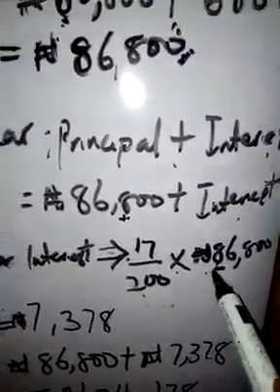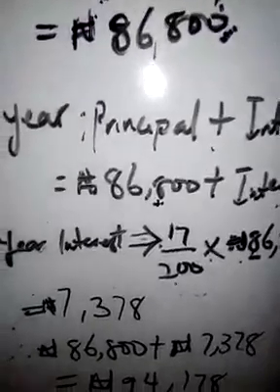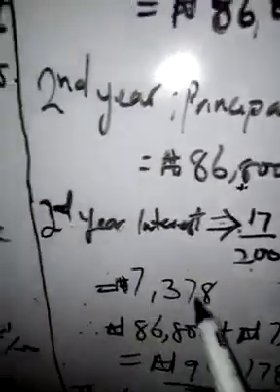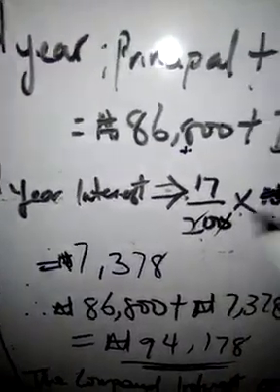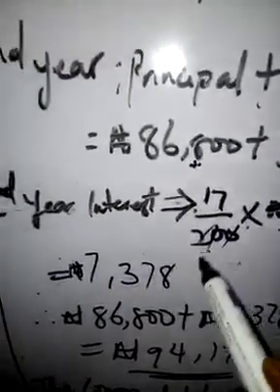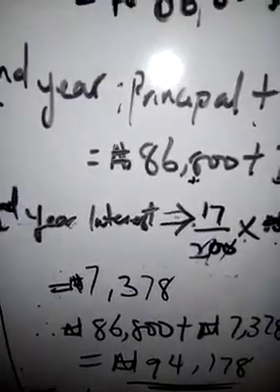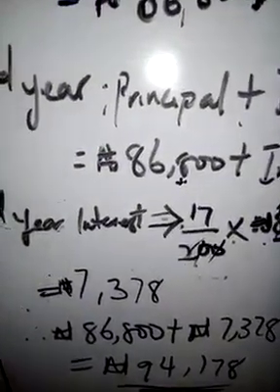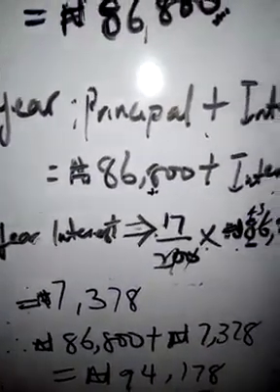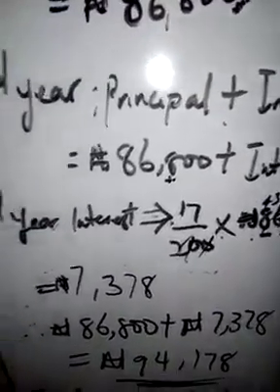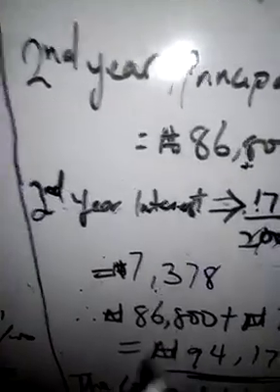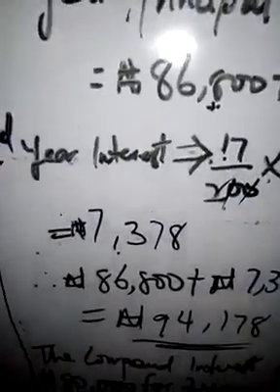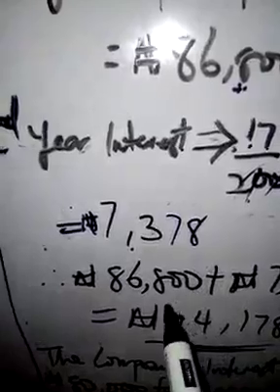So that will be 86,800. Multiply this by this, then there will be 434. So 434 by 17 will give us 7,378.